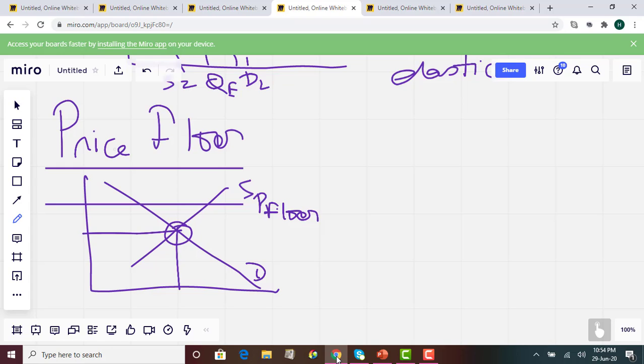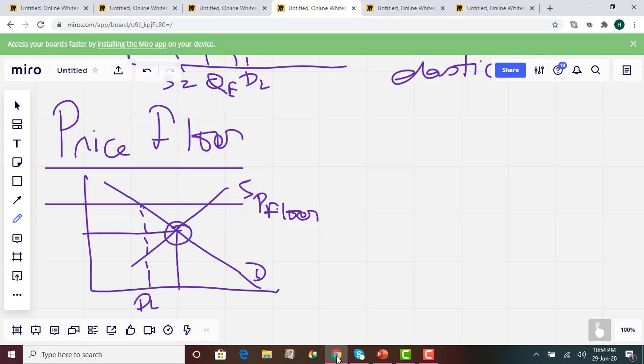So this minimum price is greater than the equilibrium price, and if producers and consumers are elastic to price changes, what's going to happen? The price is much higher. So when there is a percentage change in price, in case of elastic, the percent change in quantity demanded will be more, right? So demand will fall.